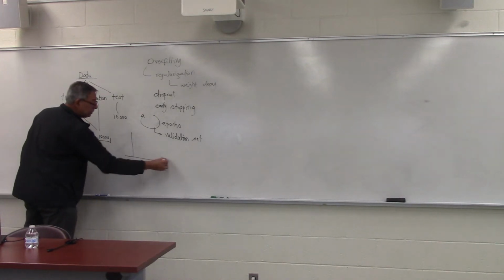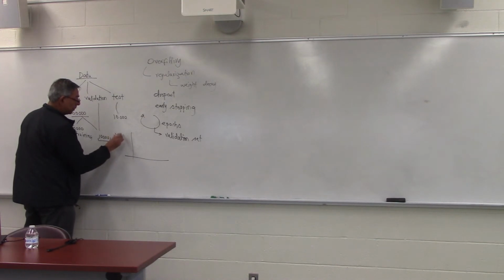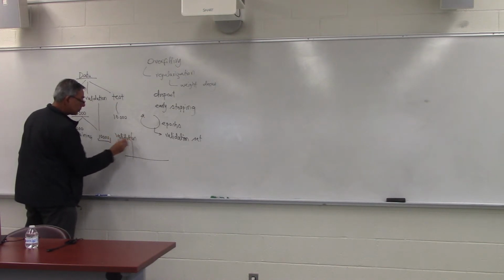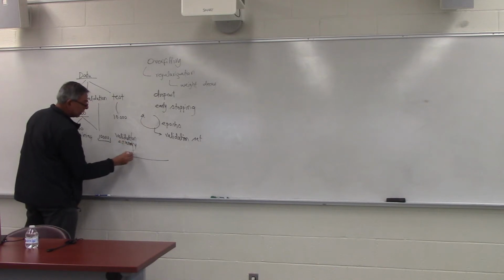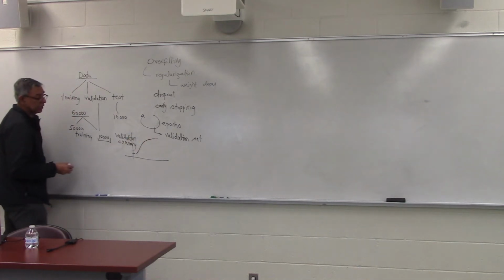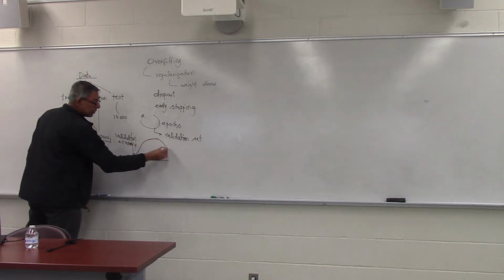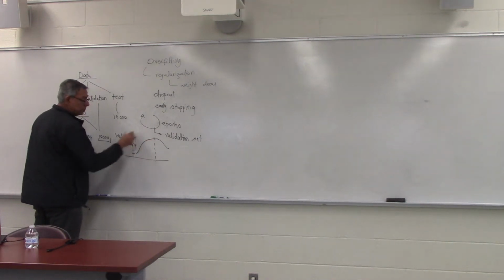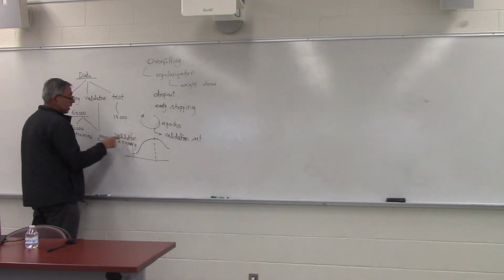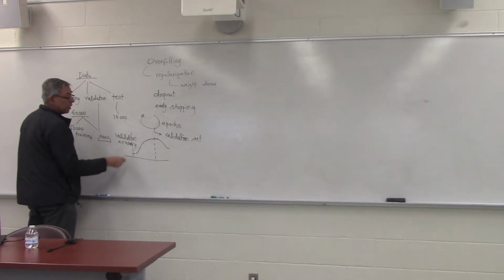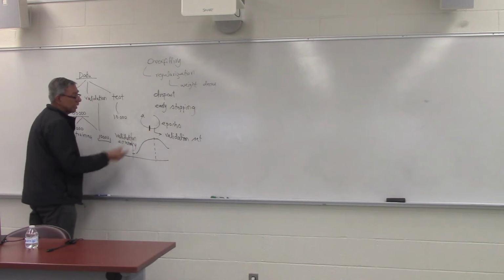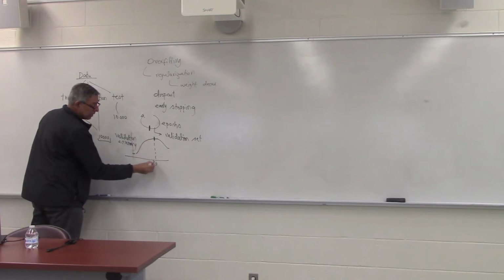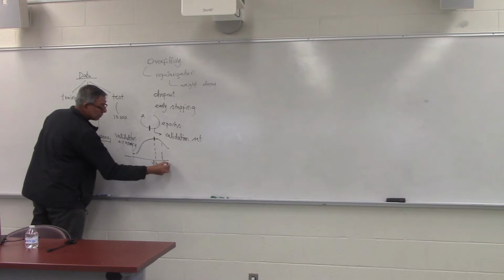And if the validation accuracy keeps getting better, so in the beginning, accuracy will be low. As we go along, it will finally start to saturate. And if we overtrain, it might even drop down. So we can basically keep track of the validation accuracy in every epoch, and stop. So suppose this is 30 epochs, this is 40 epochs.